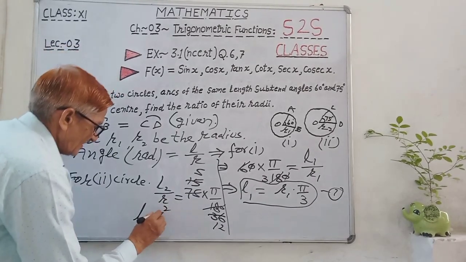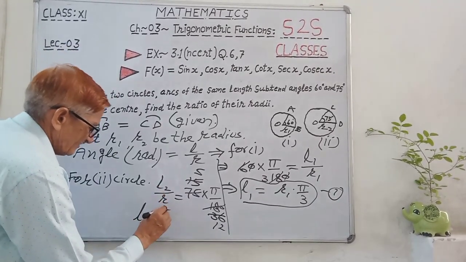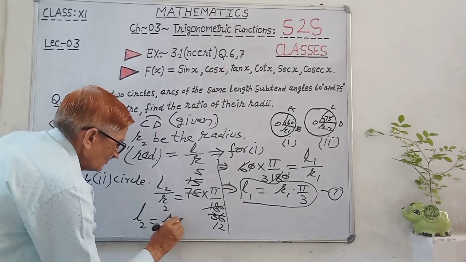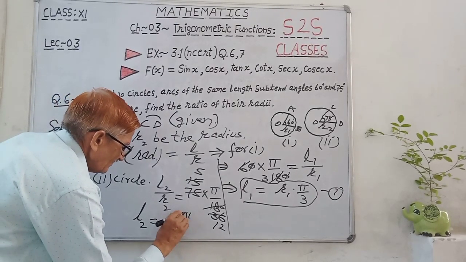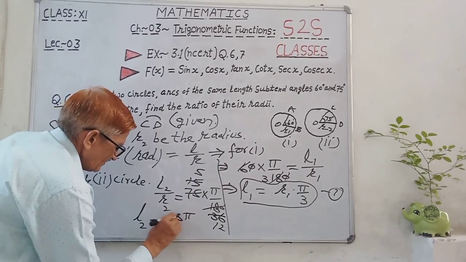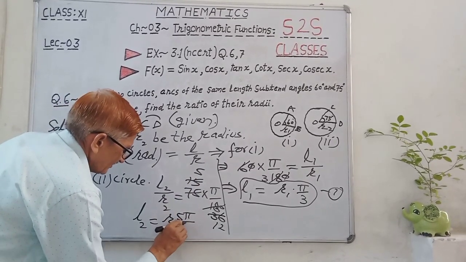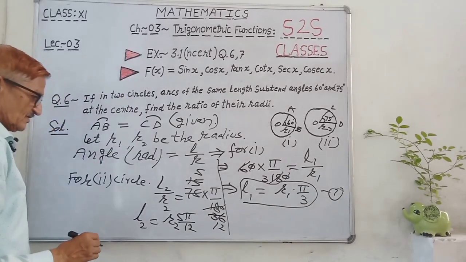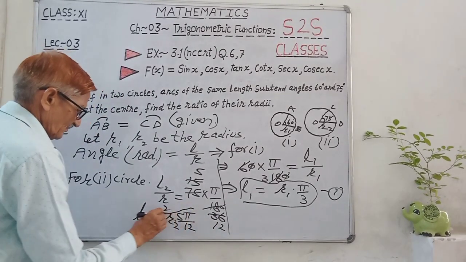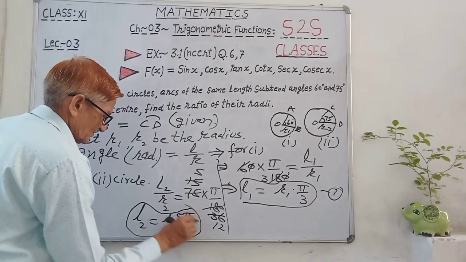So L2 will come, R2 will go and multiply that side, R2 into 5 pi upon 12.